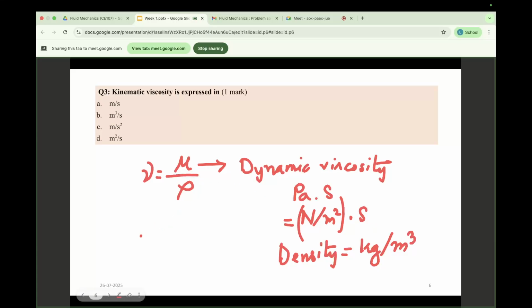So in place of nu, I can write Newton per meter square into second, divided by kg per meter cube, right? Now you just solve.